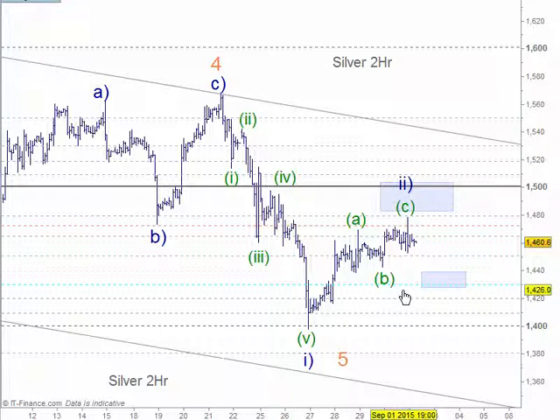This can fail from here, but I wouldn't look at failure until this 61.8% here was breached. I'd need to see the market down here somewhere to realize that it's failed at that particular point there.